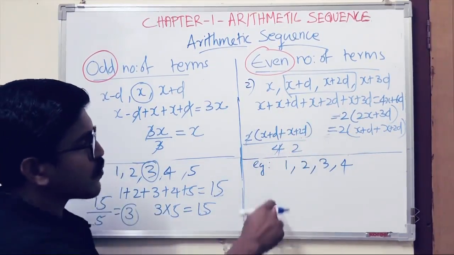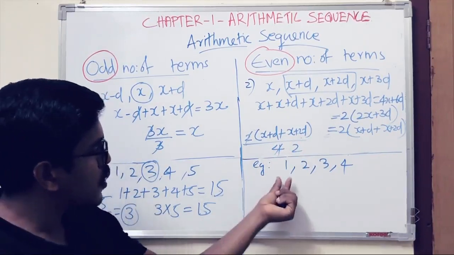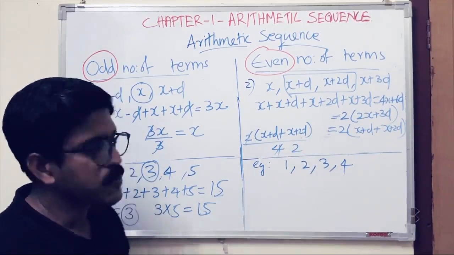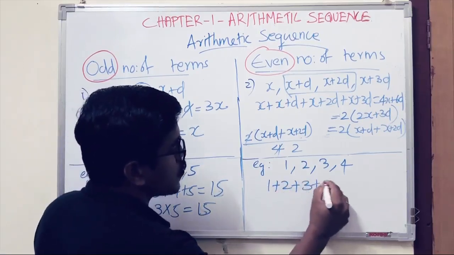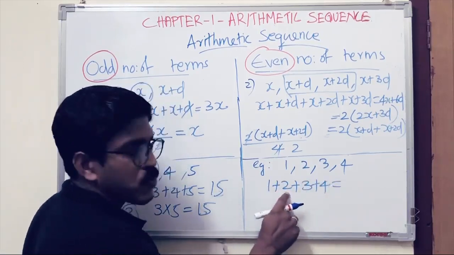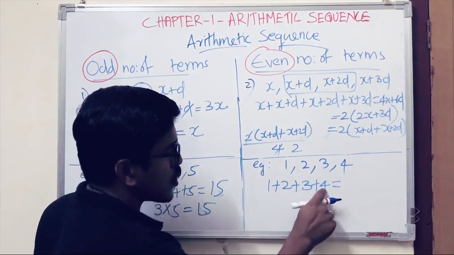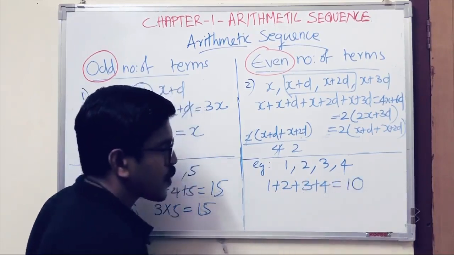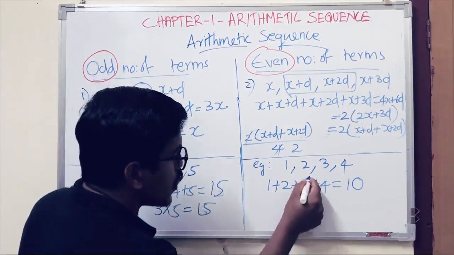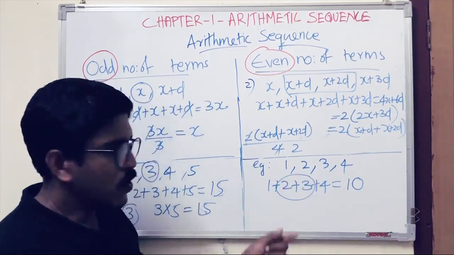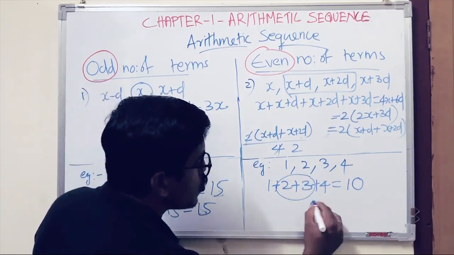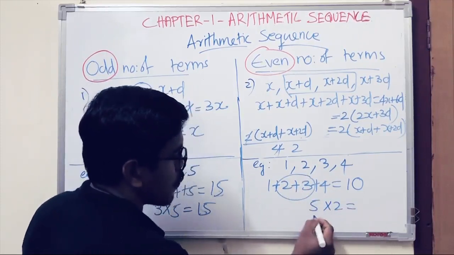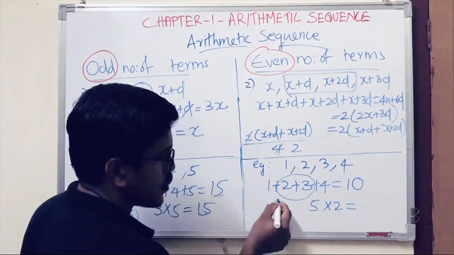Okay, we can just check one example here. How many terms are here? 1, 2, 3, 4. 4 terms are here. Now we can add these terms, 1 plus 2 plus 3 plus 4. That is 1 plus 2, 3, 3 plus 3, 6, 6 plus 4, 10. That means our center numbers are 2 and 3. So here 2 plus 3 is 5, 5 into 2, 2 times the sum of the two middle numbers.